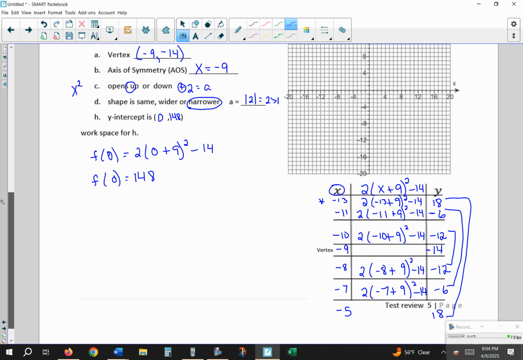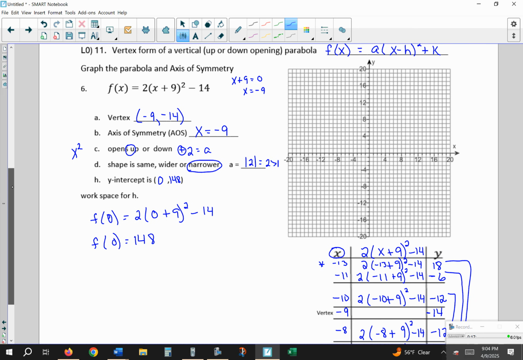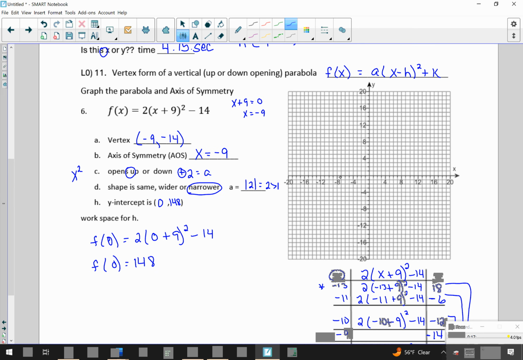So let's take a look at this graph. And that's that last bit of doing your work. So negative 9 and then down 14. Now, if you look at that, you can see that I put it in the wrong place.